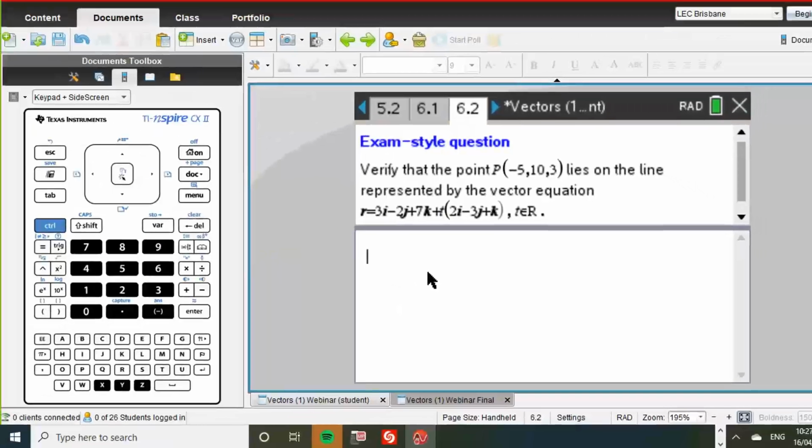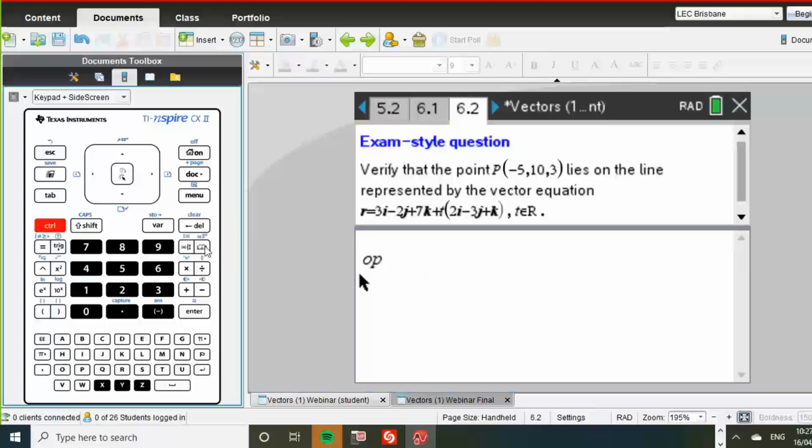So we want vector OP, and we want to assign that to be [-5, 10, 3]. Press enter. And then we want to assign the vector equation. I can assign it to be r(t), actually, like a function. Control, symbols, template.